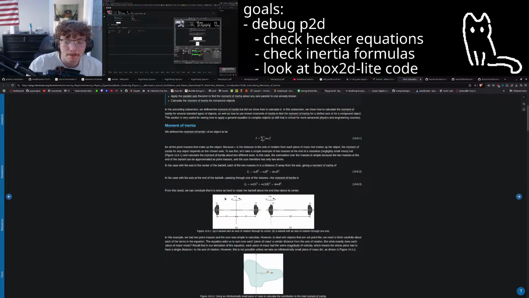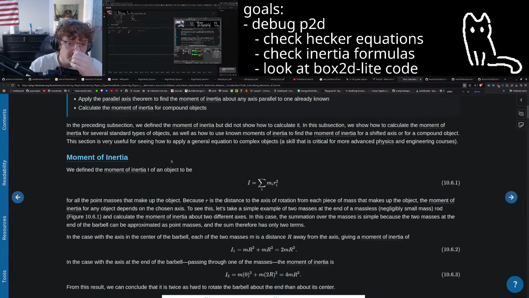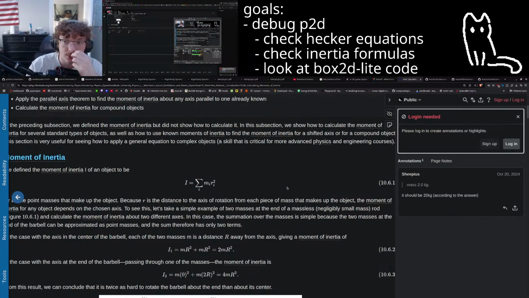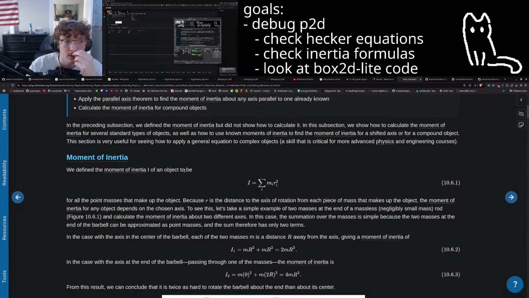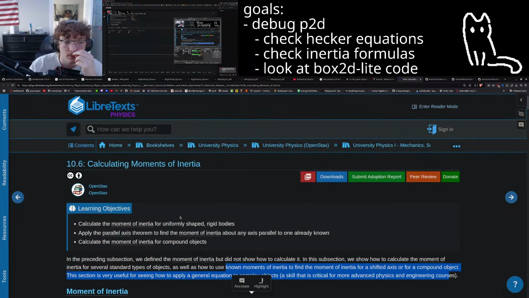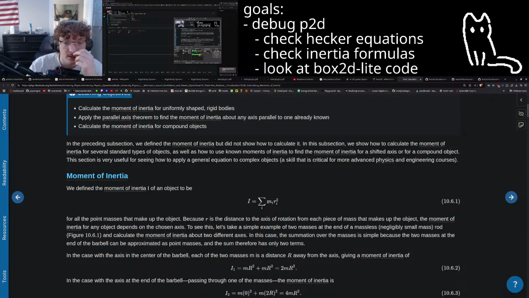Let's see. Moment of inertia is the sum of the masses times r squared. What is r squared? Can we get some explanation? R is the distance to the axis of rotation. So, but if the center of mass... Distance to the axis of rotation.